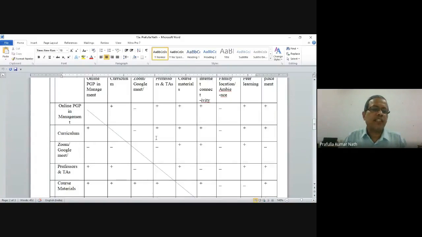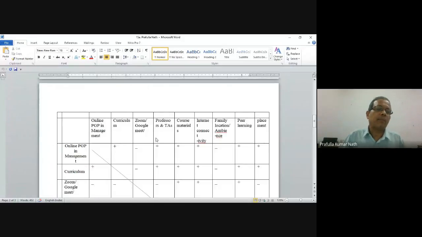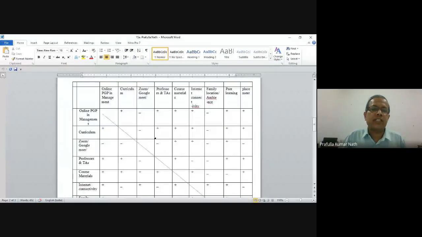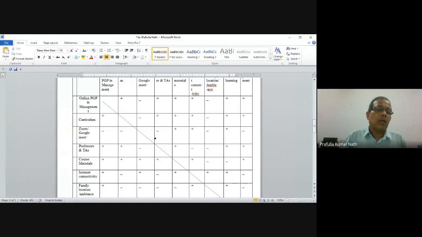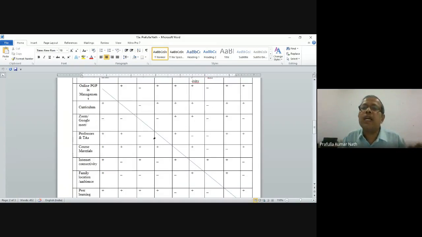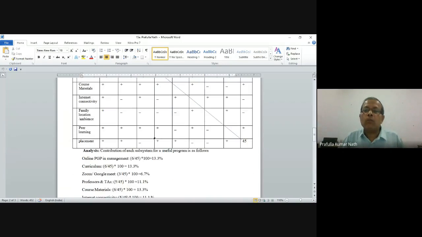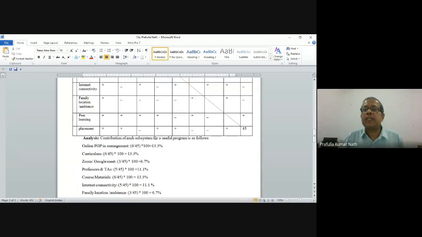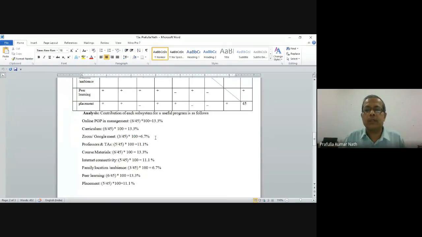On the basis of this, I have decided on a system and subsystems. I have taken the online PGP program as a system, and there are several subsystems: the internet systems, professors, curriculums, and course materials. And after all, the most important parts are placement and also peer learning. In regular mode of learning, peer learning is the most important aspect, in particular in management institutions.